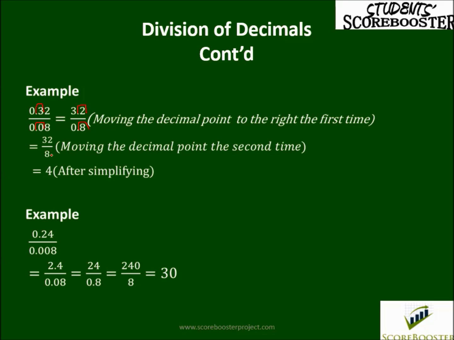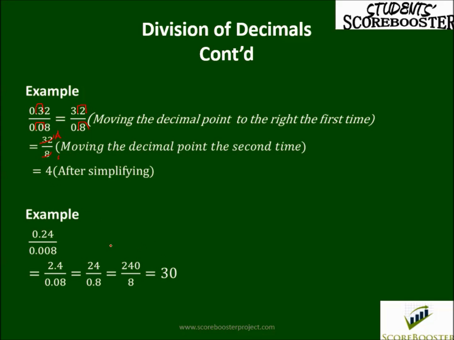So 32 over 8 now. The HCF, the highest common factor of 32 and 8, is 8. So 32 divided by 8 is 4, because 8 divided by 8 is 1, and 32 divided by 8 is 4. After simplifying, you have 4.